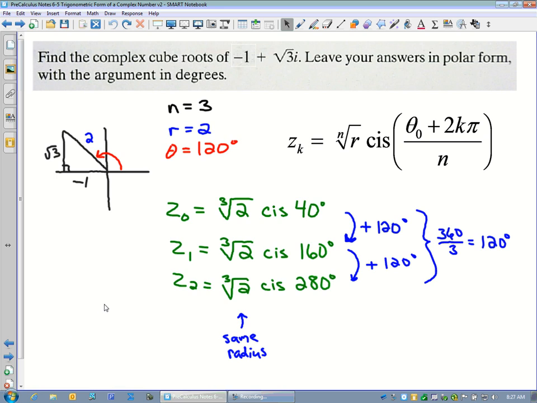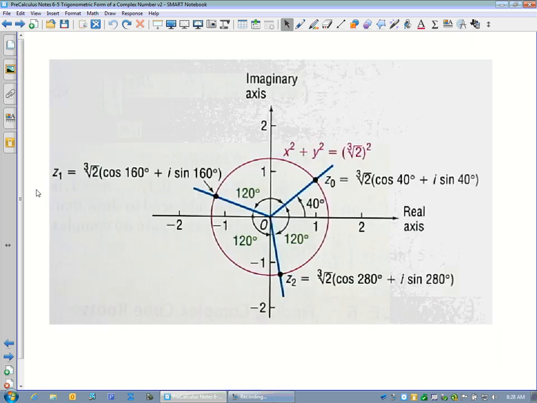All right, now if we look at this visually, I said that they are all evenly spaced. Let's see the visualization of these three solutions here. Notice how we're on the complex plane. I know there's a lot of information on here, but we're on the complex plane. The radius was simply that cube root of 2. And then our first answer was 40 degrees along the circle that has a radius of cube root of 2 in the complex plane.